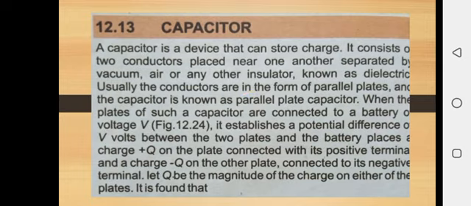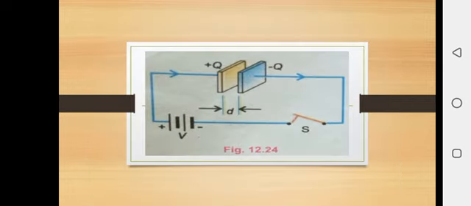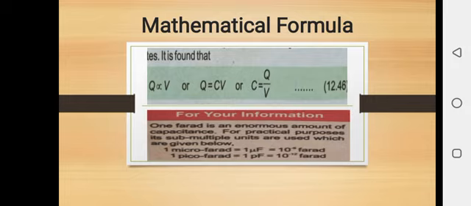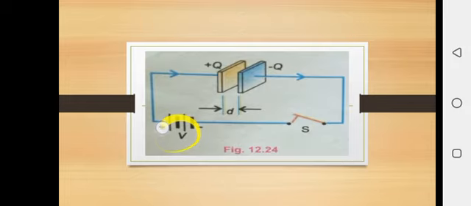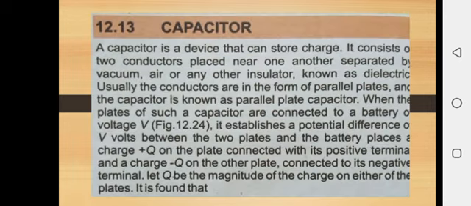When the plates of such a capacitor are connected to a battery and given some voltage V, as I have explained in this diagram, it establishes a potential difference. Potential difference is represented by V in volts between the two plates, and there is a connection of battery.